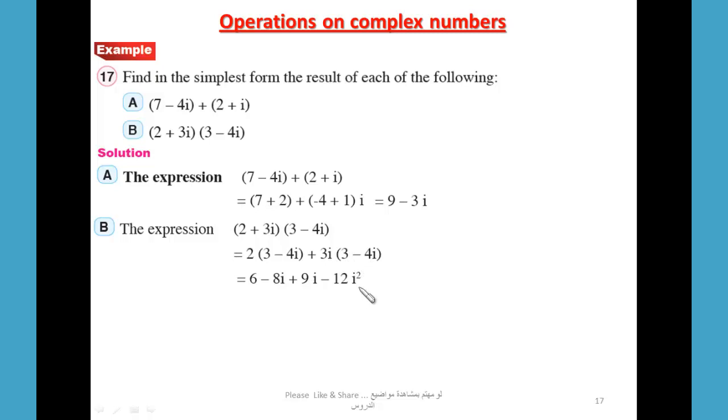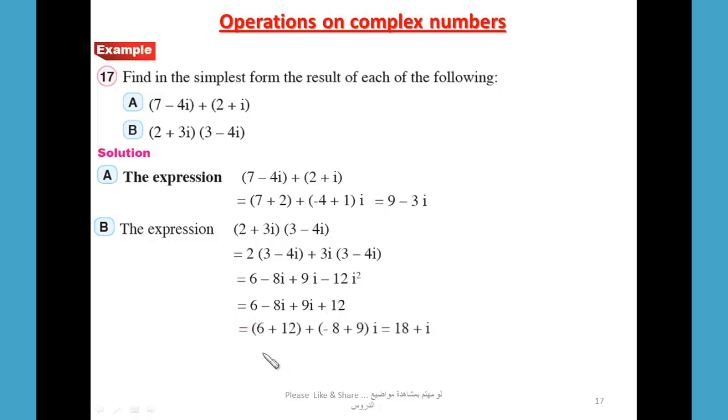And don't forget that i to the power 2 equals negative 1. So we can write 6 minus 8i plus 9i plus 12. Why? Because i squared is negative 1, and negative 1 multiply negative gives positive.